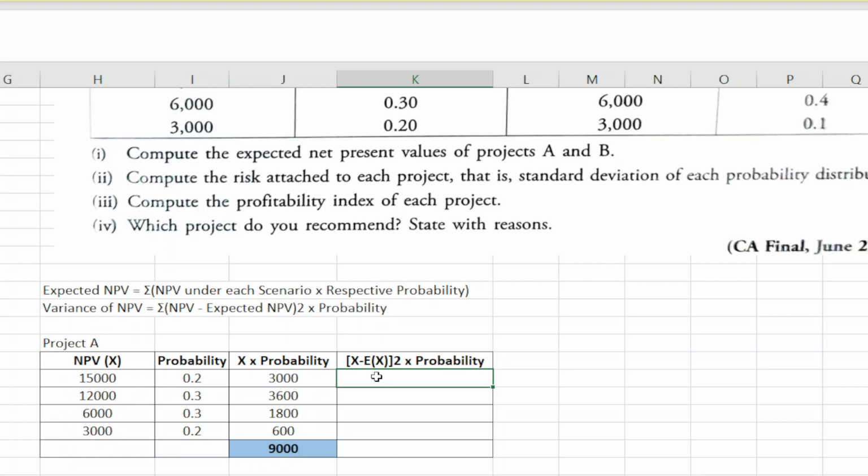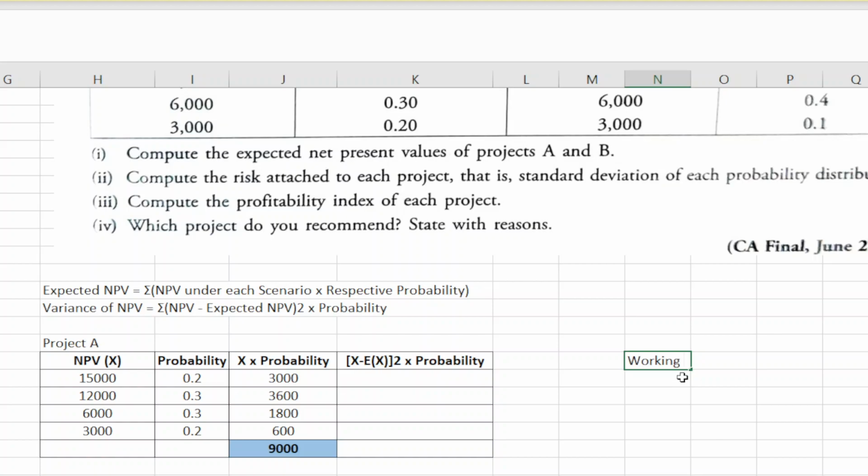I need to do that. Correct? So of course it is going to take a little bit of time. What I will do is, before that, in the working note itself, I will calculate NPV minus expected NPV, so that it will be easy for me to bring it here.